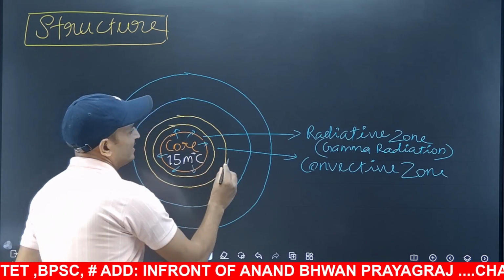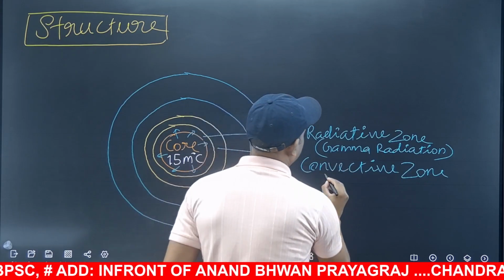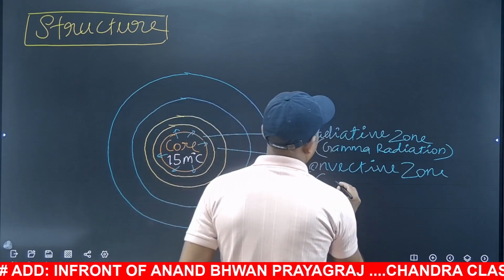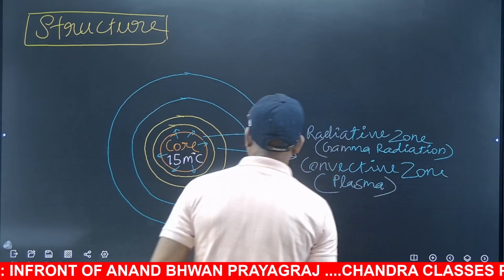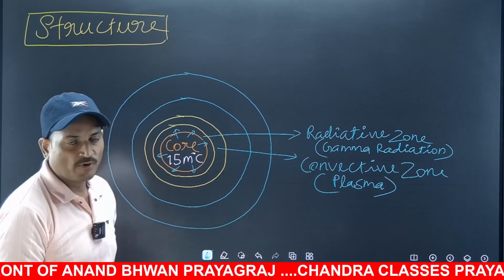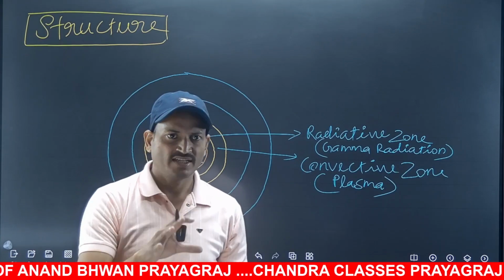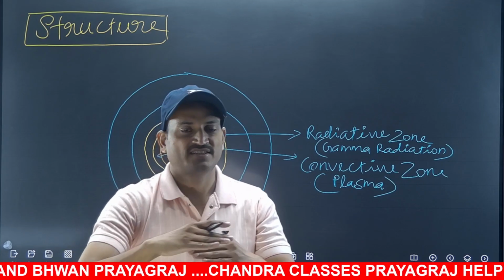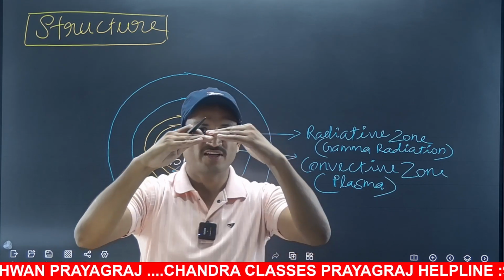So similarly, the convection takes place here in the convective zone, and energy is transported through the convection of plasma. In convection, for example, if you are boiling water in a pot, you see that the hot water comes up in the process of convection, and the cold water settles down.